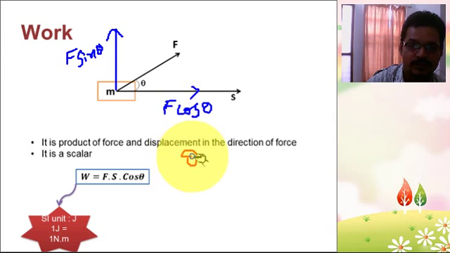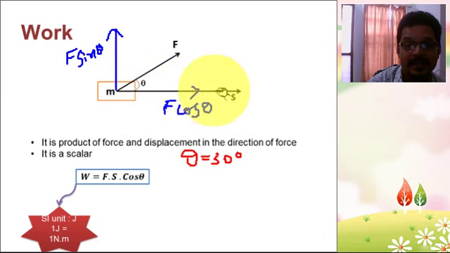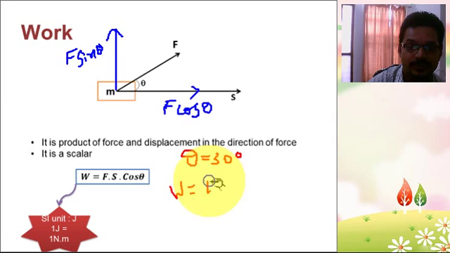Suppose theta equals 30 degrees. That means the force acting on the body makes an angle of 30 degrees with the displacement axis. Then what is the work done? So work done W equals force F into displacement s into cos 30. Here you should know the trigonometric values of sine and cos to complete the calculation.